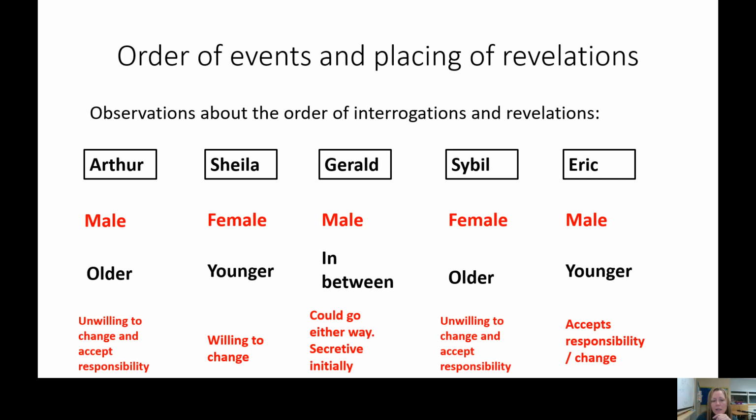We just don't know. So then from him, we get back to Sybil, who mirrors Arthur in that she is completely unwilling to change and accept responsibility, but ends with Eric, who arguably has committed the worst crime against Eva Smith, but is somebody with whom we have a little bit of hope, and he accepts responsibility and suggests that he is willing to change, like Sheila.